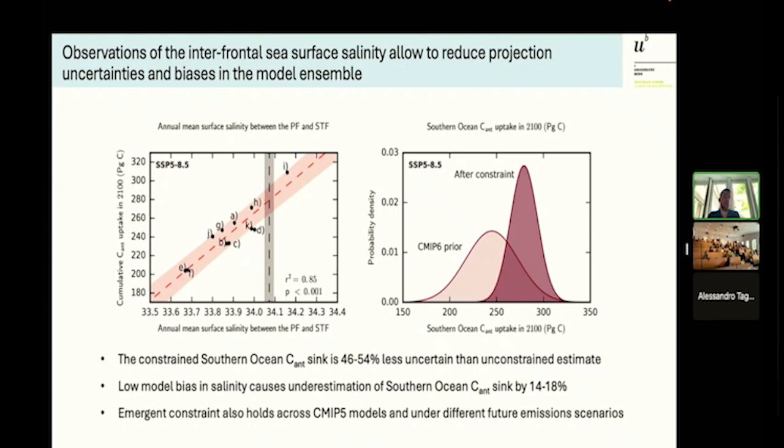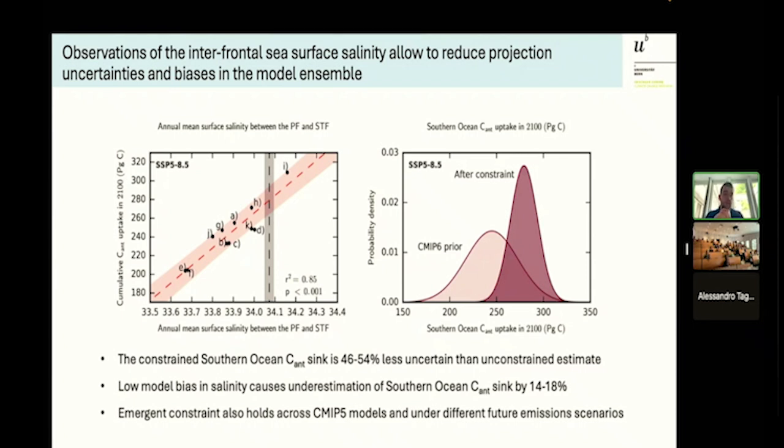But there's not one of these that explains this difference. Every model has a different way to come up with the sea surface salinity. So we can't find one factor that is behind the difference in the mean sea surface salinity.